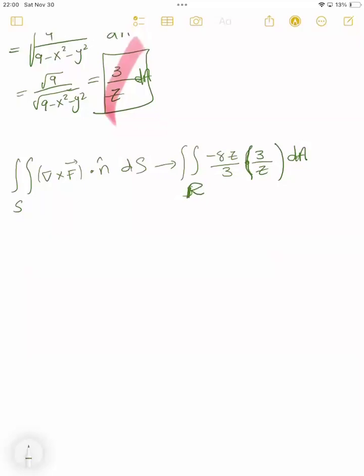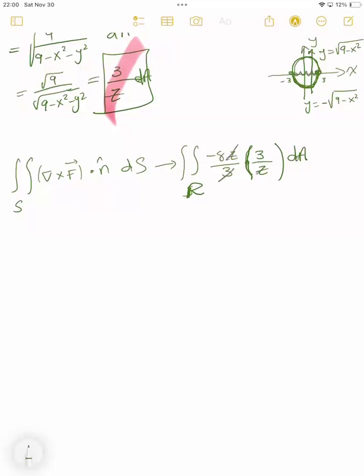So what is dA? dA is the floor, x and y, which is just a circle with a radius of 3. So then I have this, and then I have this one. If I want to go to this region, then I need y is negative the square root of 9 minus x to the power 2, and y is equal to positive square root of 9 minus x to the power 2, and the boundary for x is negative 3 to positive 3.